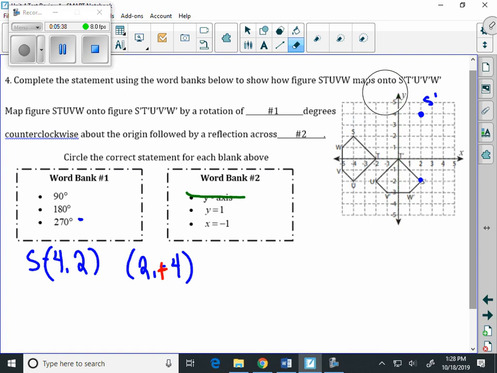If you are taking the test, I recommend you work in pencil. The next part that's listed here is y equals 1 or x equals negative 1.